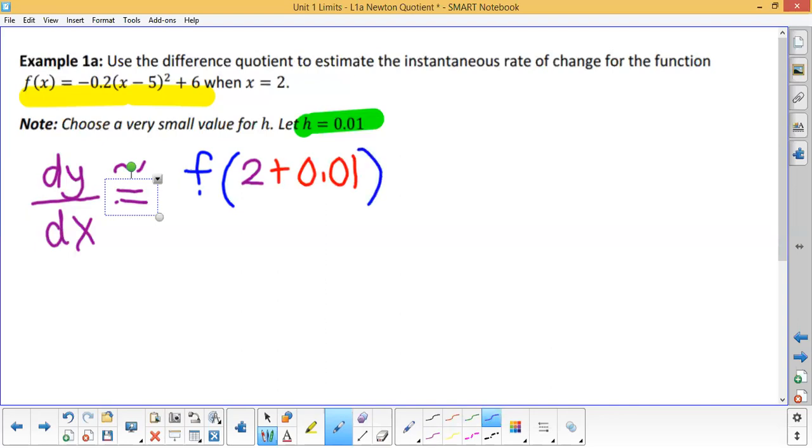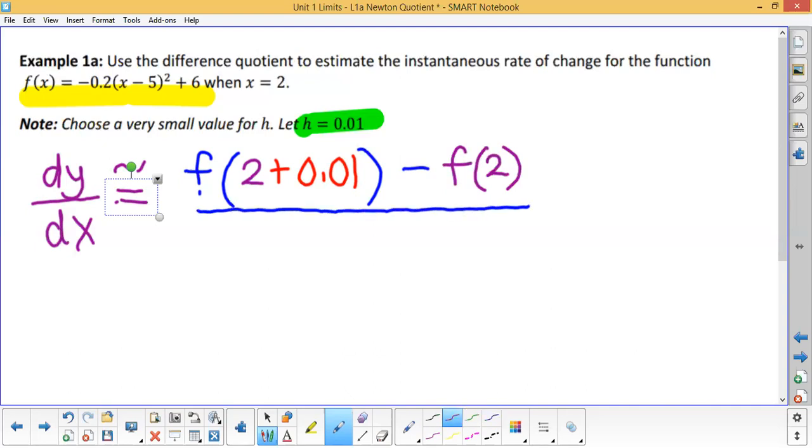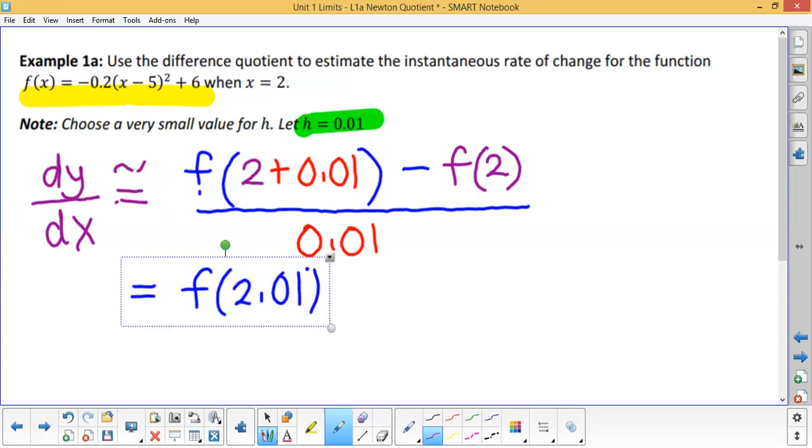And we are going to subtract from that my f of x, which is f of 2. And we're going to divide everything by my h value, 0.01. Now, remember, this is the same as when I say f of 2.01 minus f of 2.